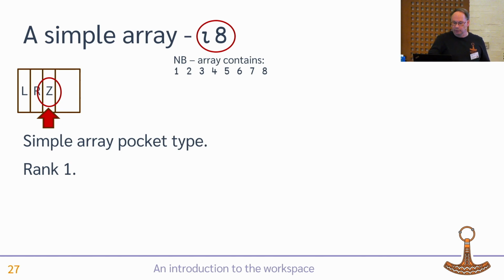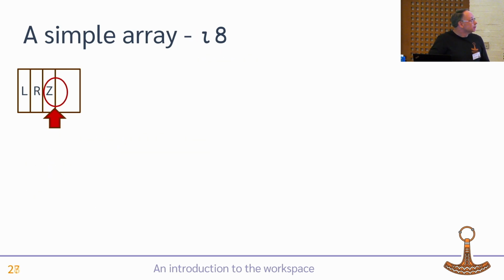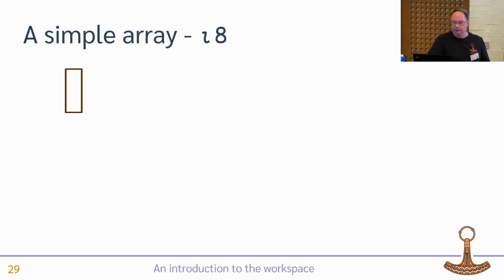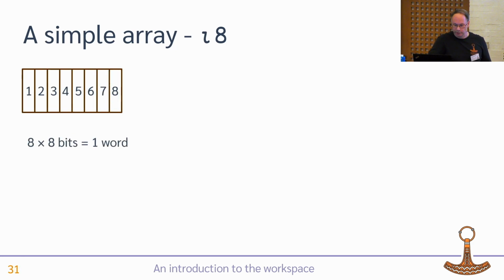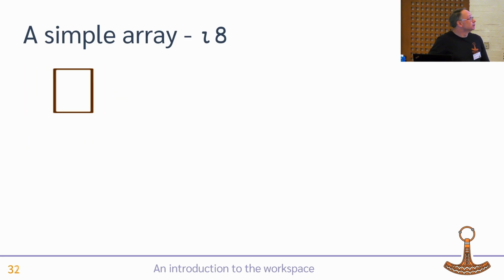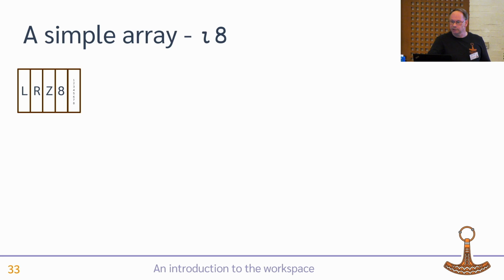So this has got 8 elements of 8-bit integers, because they're very small. So in the next field, we put the shape, which is 8, and in the next part, because they're 8-bit integers, we can squeeze all 8 of them into a single word. So they fit into the next word of the pocket. So that's what 1, 2, 3, 4, 5, 6, 7, 8 looks like in the workspace.